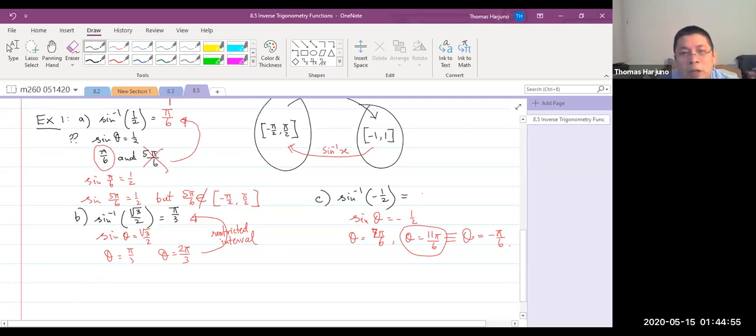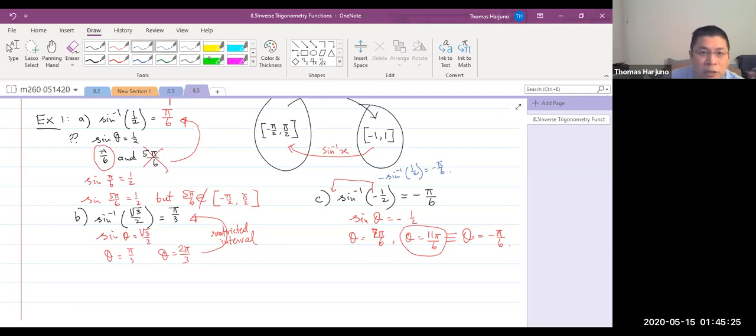So the answer is negative pi over 6, which, if you think about it, I basically take benefit of the odd function. So I bring the negative out. I can see that as negative sine inverse of 1/2, which is negative pi over 6. That's actually one of the reasons they chose that interval.